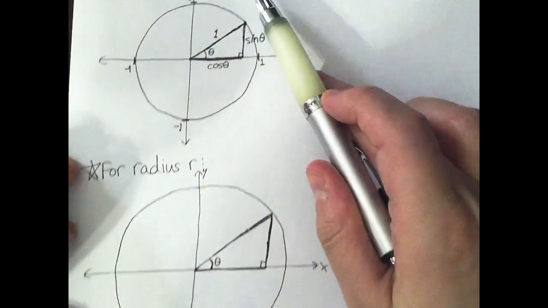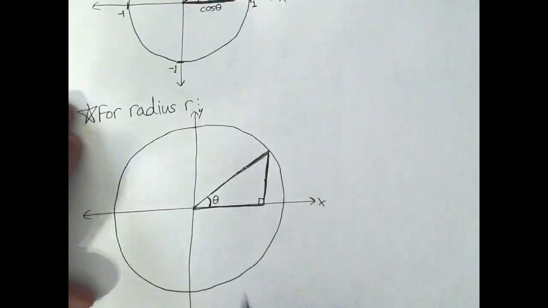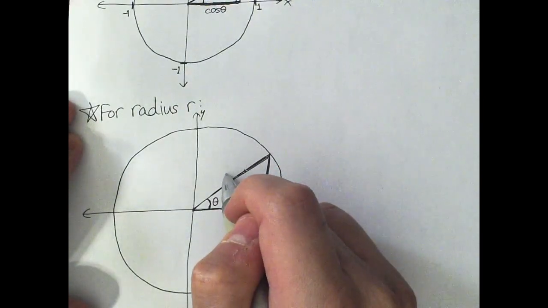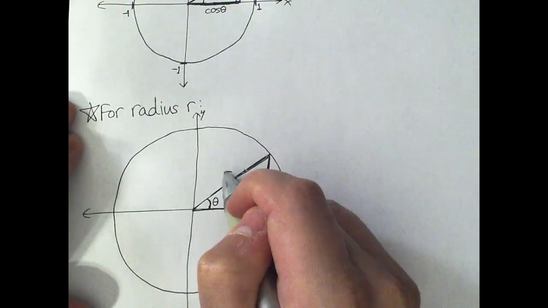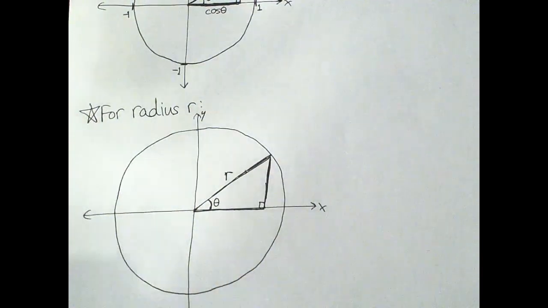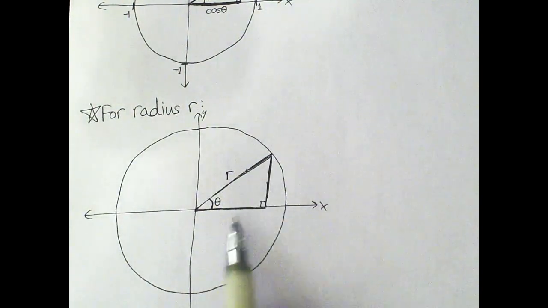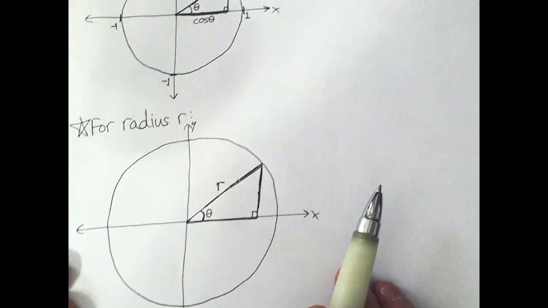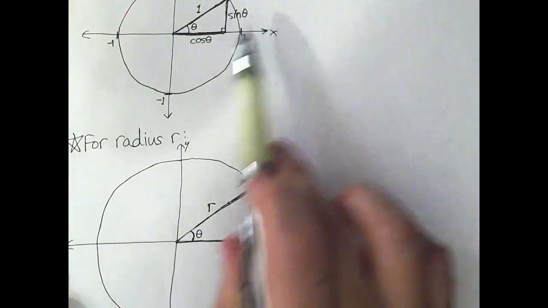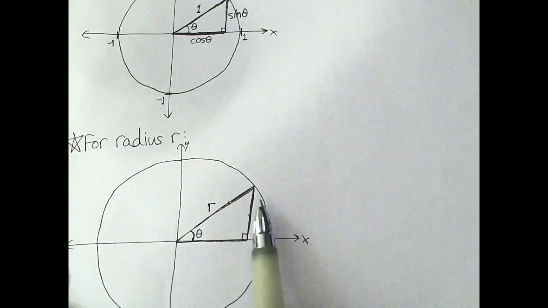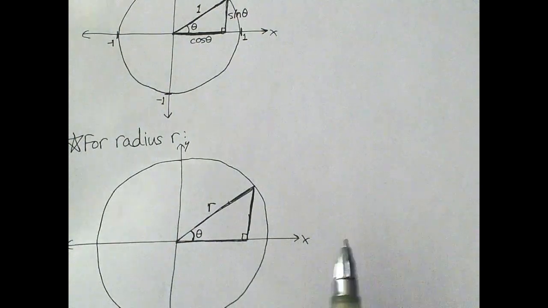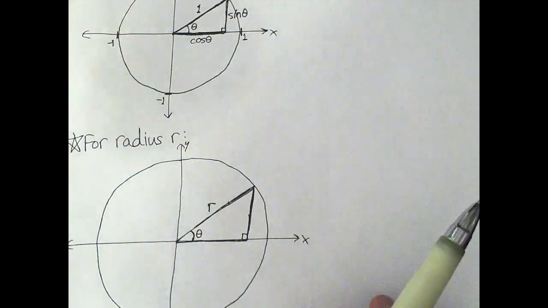That 1 was because we were looking at a radius of 1. If we're now saying that the radius of the circle is r, then this side length is going to be r. How do you think that affects these two? You know, in the unit circle, they were just sine of theta and cosine of theta. It seems like sine and cosine should still play a role.